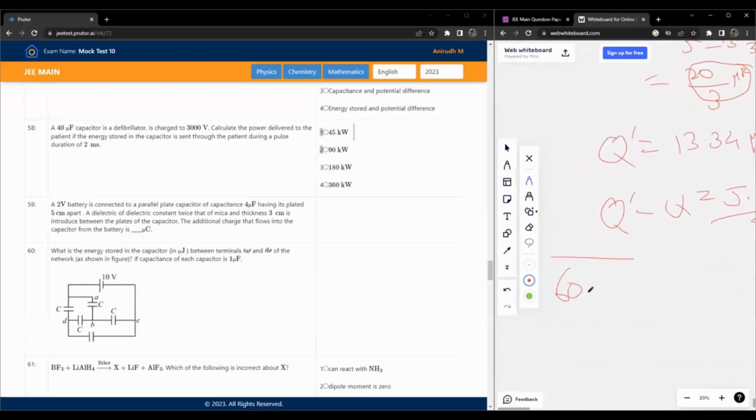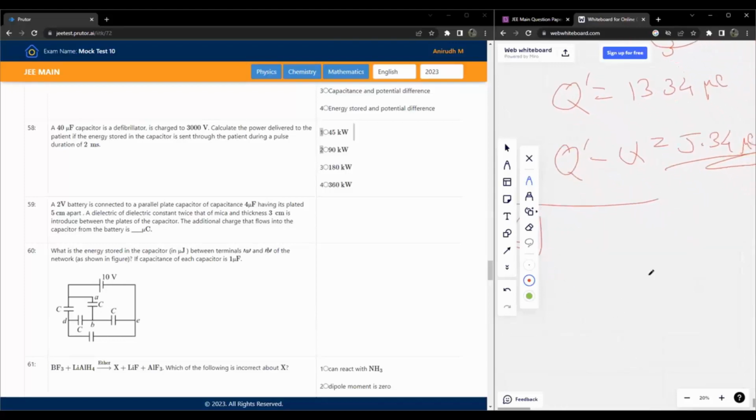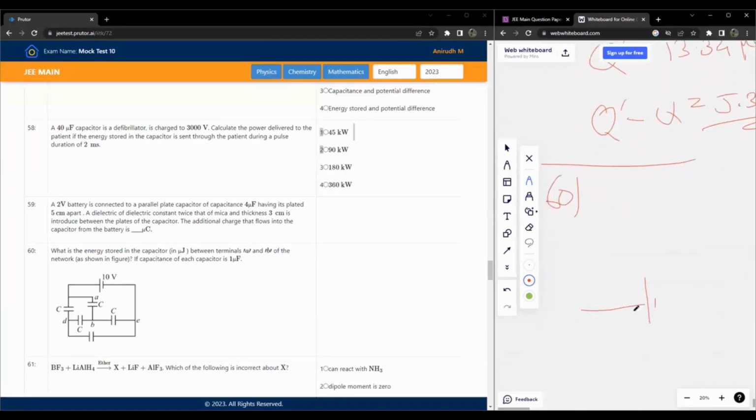And 60, the last question of physics, is going to be the energy stored in the capacitor between terminals A and B, right? For this capacitor. So actually, what you can do is redraw this whole network like this. This is the 10-volt battery. You have at this point separation between two, right?